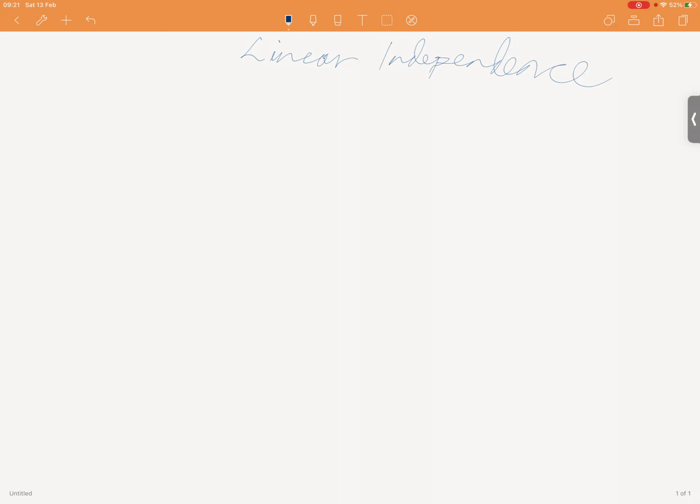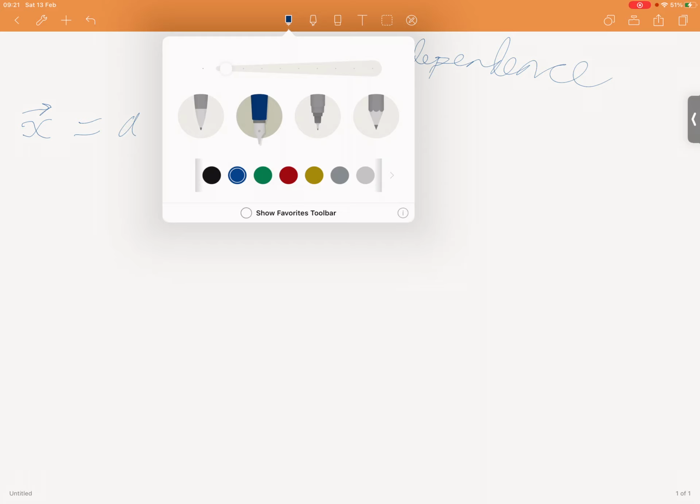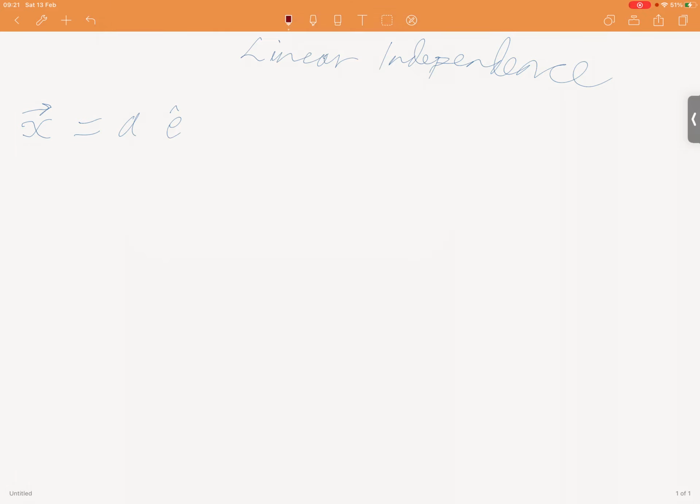Why is it, let's say we have a vector x, and this is going to be equal to some constant a1 times a vector e1 hat plus a2 e2 hat plus a3 e3 hat.